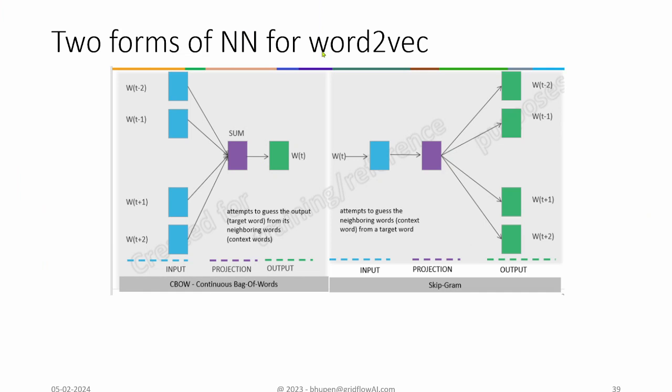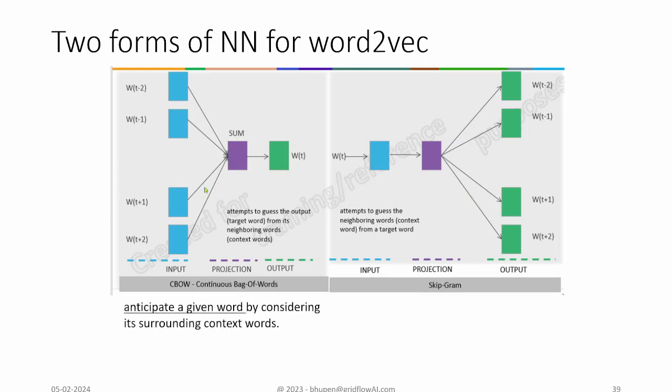How do we generate Word2Vec? The neural net architecture can be one of these two. On the left-hand side, this is called continuous bag of words, and the right-hand side is skip-gram. Let's take a look at it. What is the difference between the two?